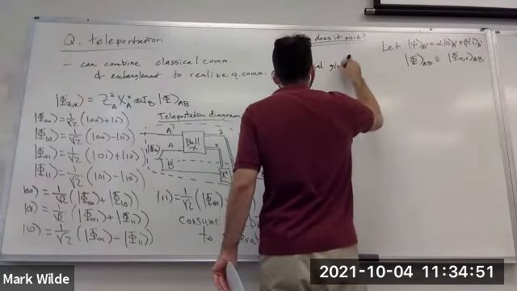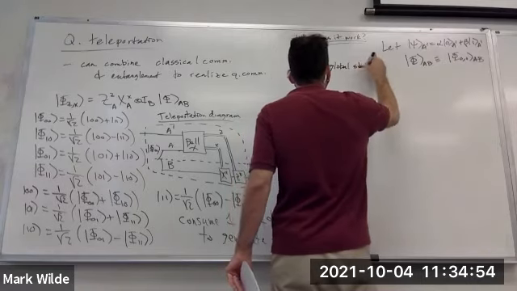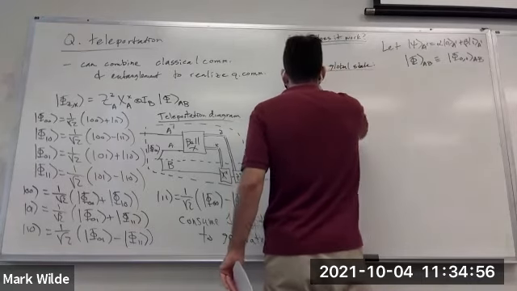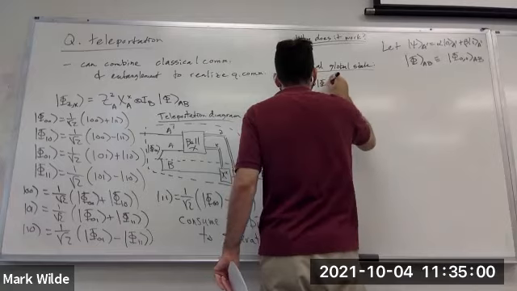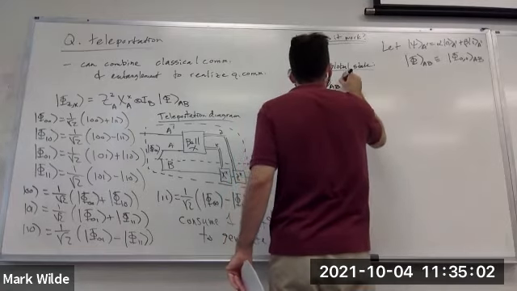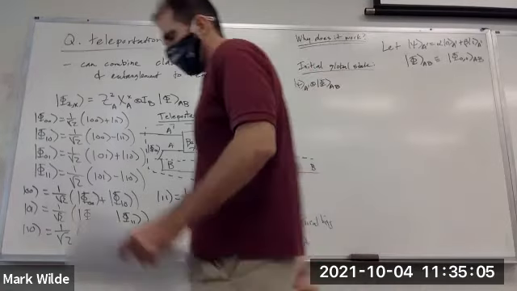The initial global state of Alice and Bob is this, psi. That's the initial state.